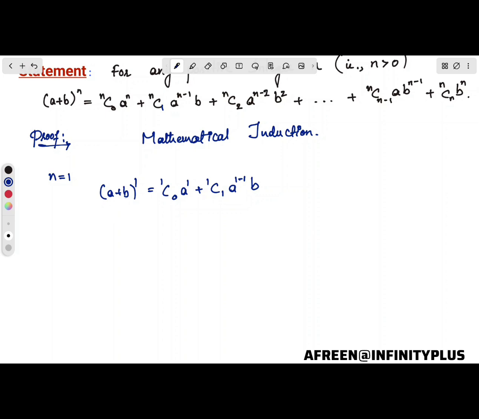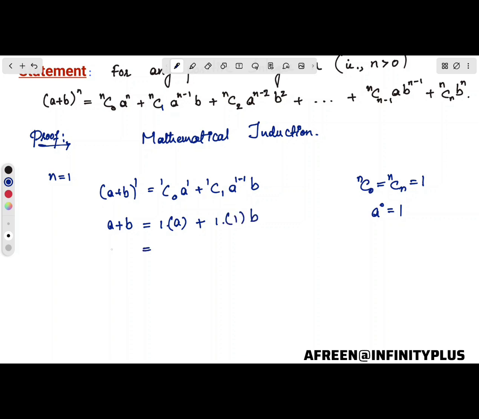You people are well known that (a + b)^1 is nothing but a + b. On the right side, 1C0, which is equal to nCn, is equal to 1. So the 1C0 value is 1 into a^1, which is a, plus 1C1 value, which is 1, and a^0 is nothing but 1, into b.